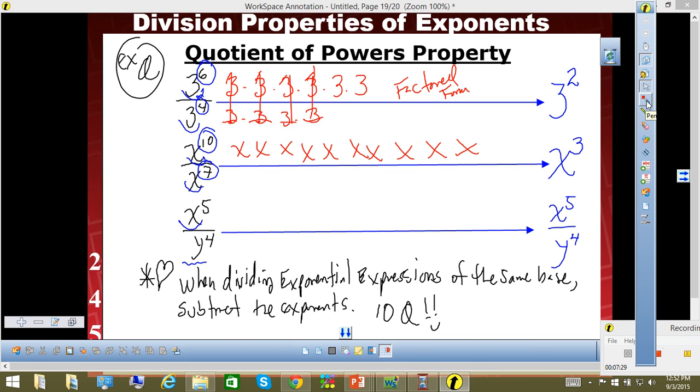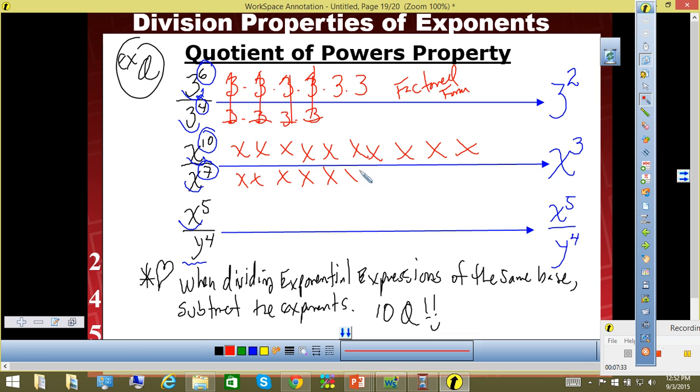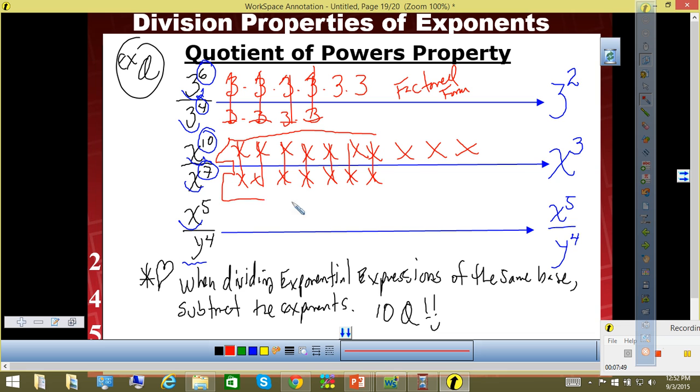That's what I'm talking about. And then we got x, x, x, x, x, x, x. And we know that all these are 1, and we're left with x to the 3rd. Or all of these together become a giant 1. Do you guys see that? All right, so we got this, right?